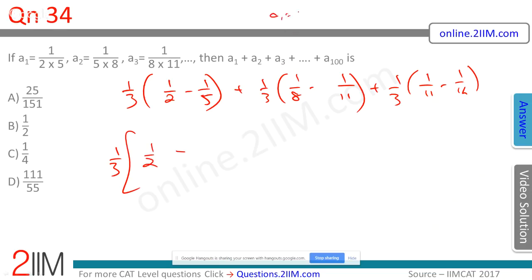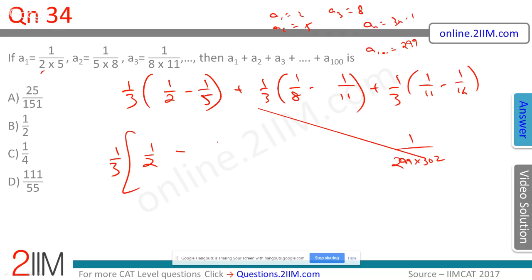So it is 1 by 3 into 1 by 2 minus whatever that last term is going to be. a1 is 2, a2 is 5, a3 is 8, or an is 3n minus 1. a100 is 3 into 100 minus 1, which is 299. Not a1, I'm finding the first part of it. Or the 100th term is 1 by 299 into 302.